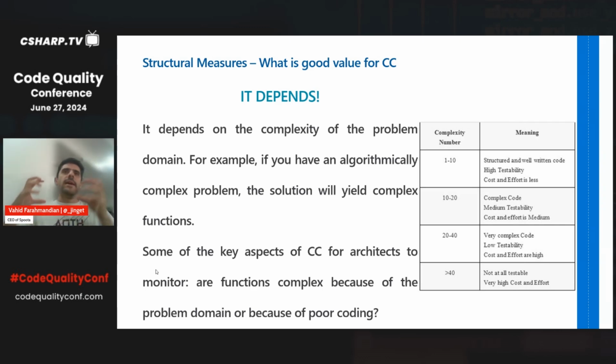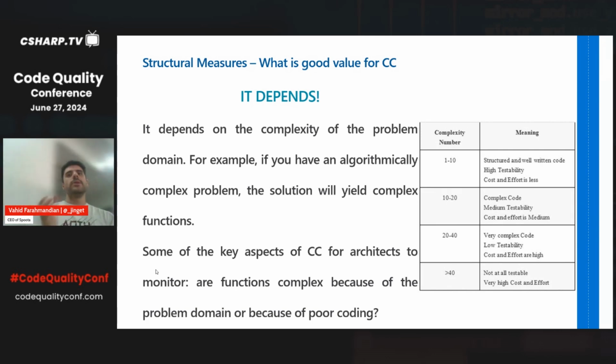So when we have no other way to solve a problem other than that complex solution, then a high cyclomatic complexity for that solution would be okay. But if we have a problem which can have a solution with lower cyclomatic complexity, but we achieve the cyclomatic complexity with a high value, of course, our final result would not be a good result.